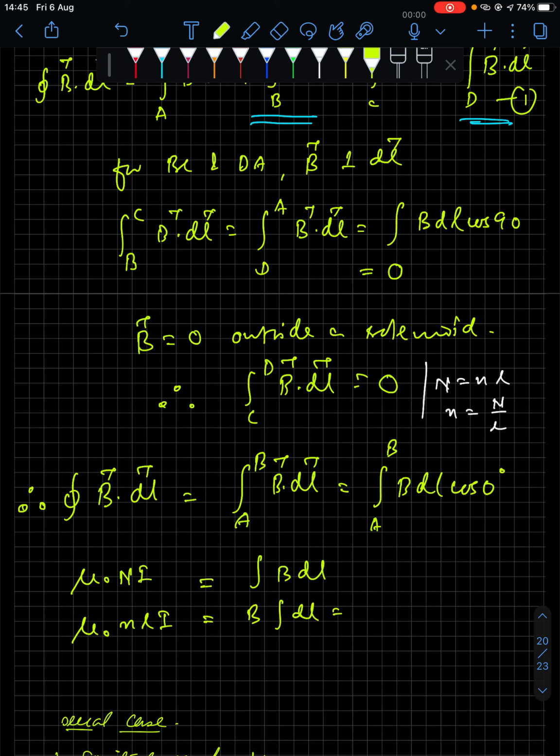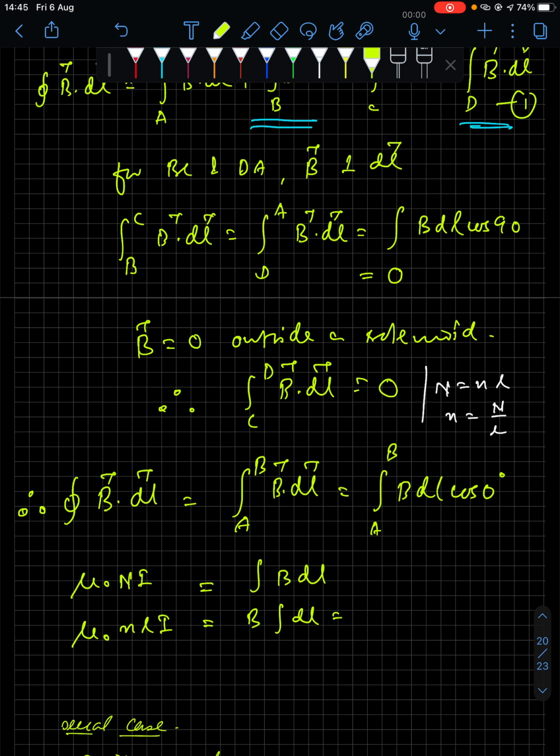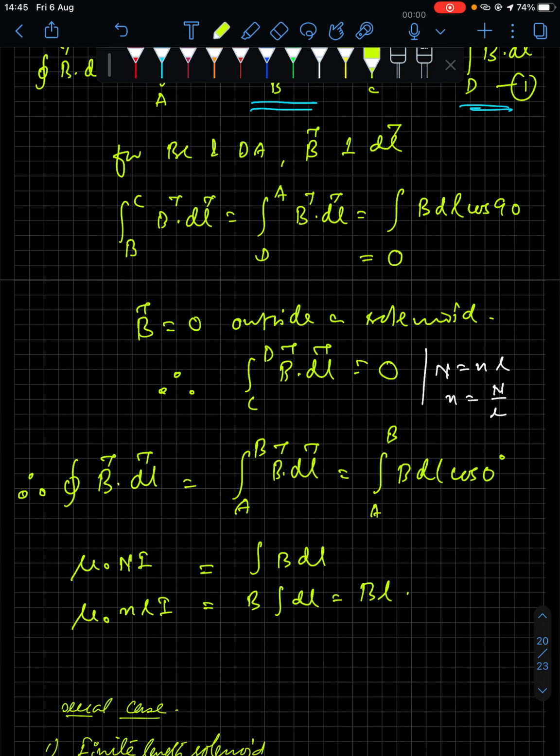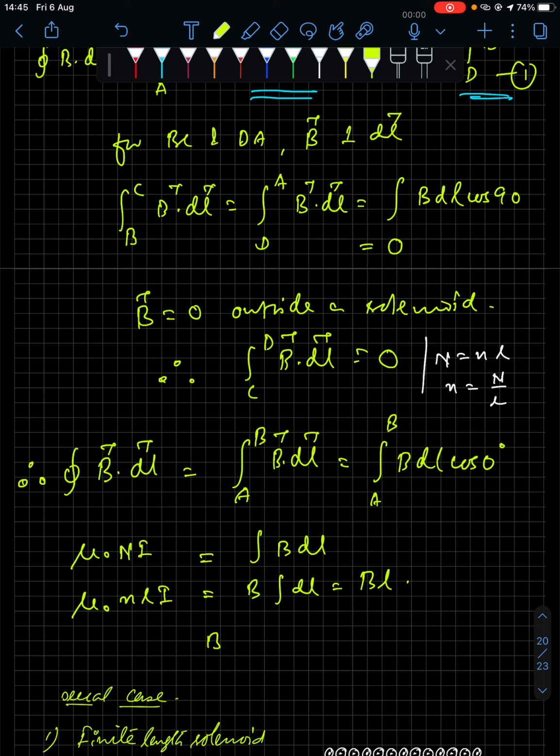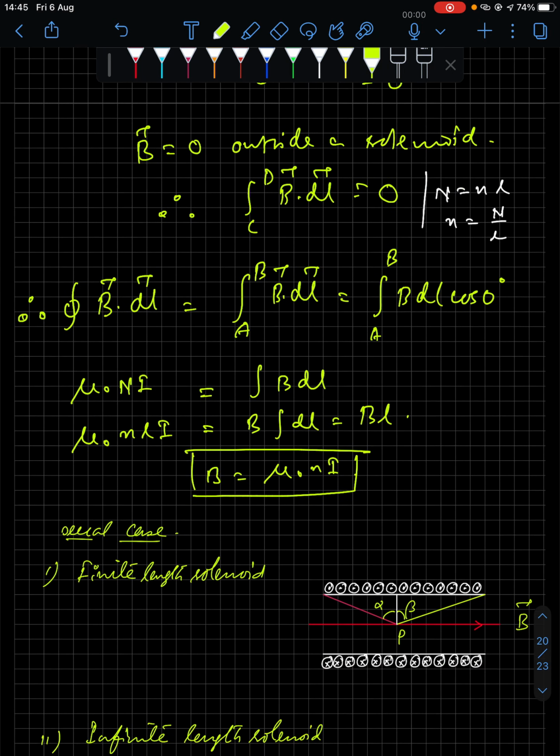Integral dl is the length of this part AB, which is L. So B into L, and therefore you get B equals mu naught nI. This is your relation, B equals mu naught nI, where n is the number of turns per unit length. Okay, I hope this derivation is clear.